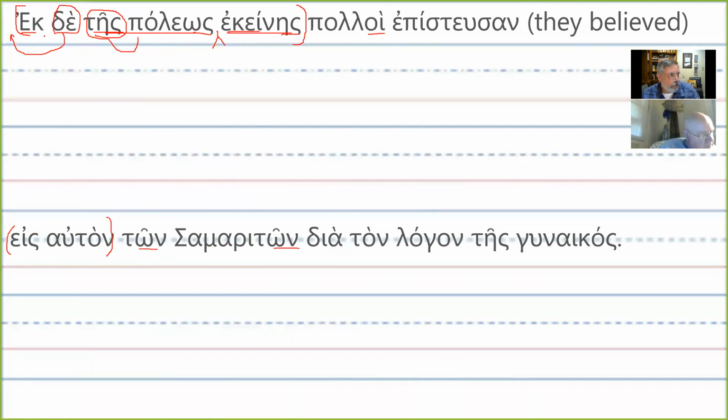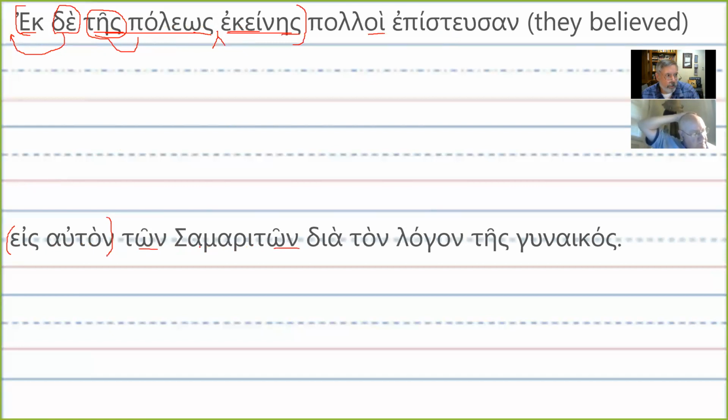Okay. But from that city, many believed into him, or in him. Now this ton Samariton gives us a problem. It is a genitive and it's talking about the Samaritans. Right. Okay.